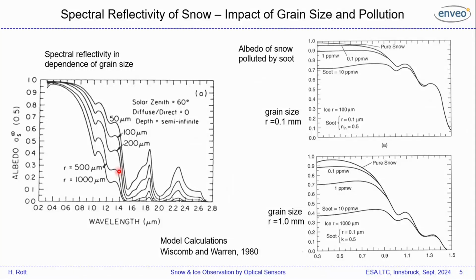Now, the spectral reflectivity of snow is largely affected by grain size.